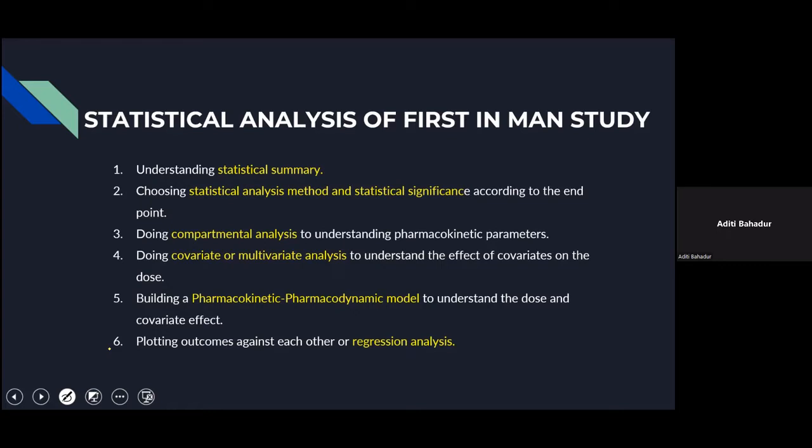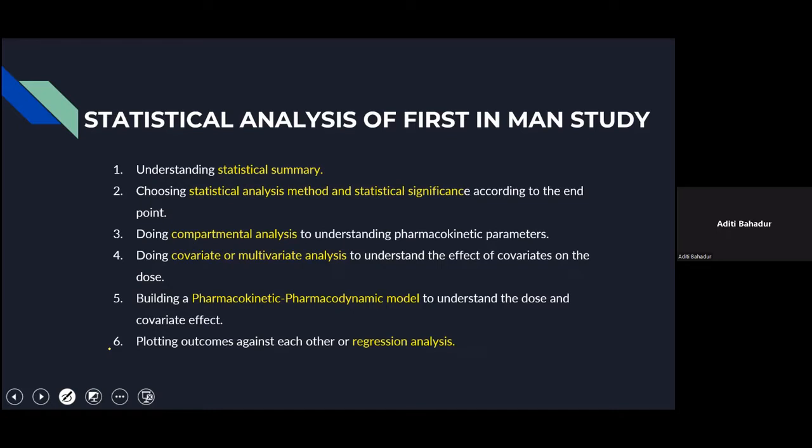For example, if we have a continuous endpoint or continuous data, then we would go for a different kind of statistical significance. Maybe we will try a null or alternative hypothesis endpoint. Whereas if we have continuous data, we might go for t-tests or other sorts of statistical tests, according to the endpoint that we want.